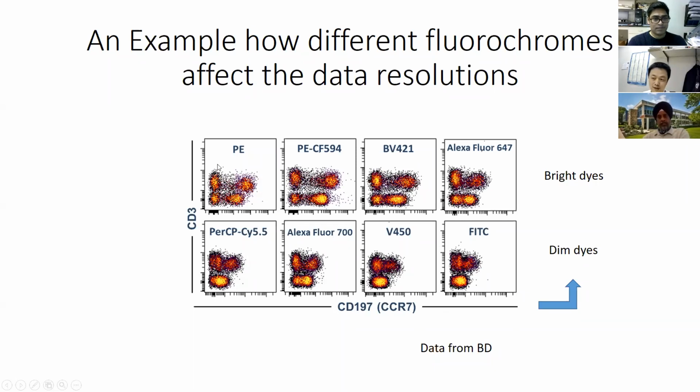So you can already see the difference. The top one uses the bright dye, and we can make this population more separate compared to the bottom row with the dim dye. That's an example showing the impact that different dyes have on your result.